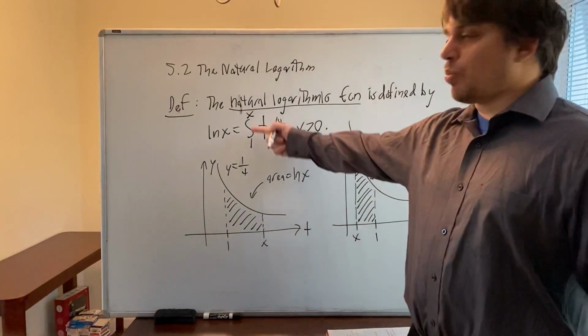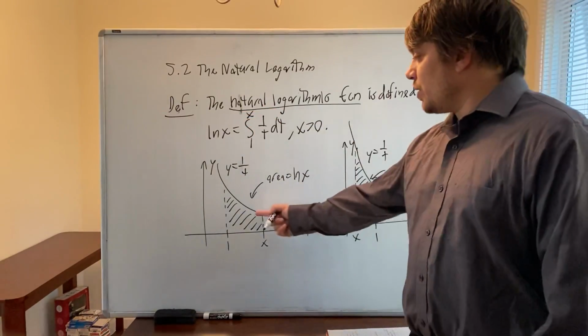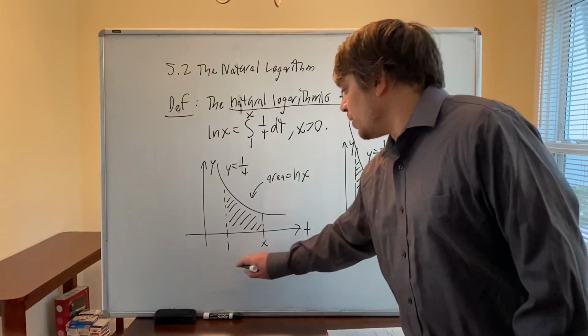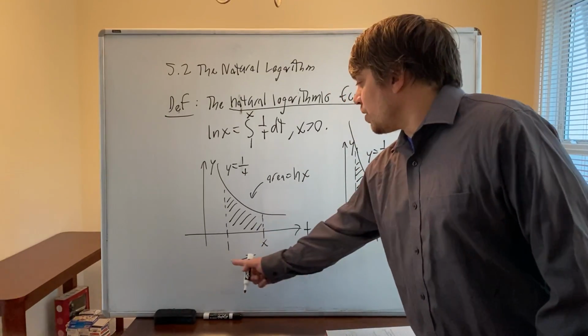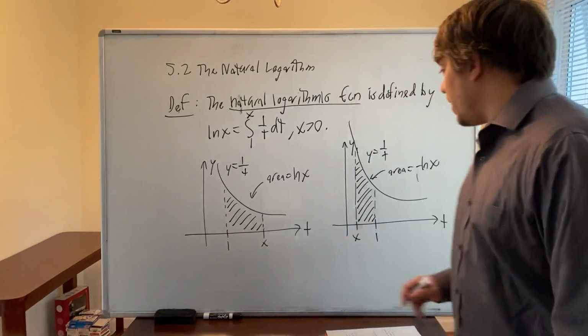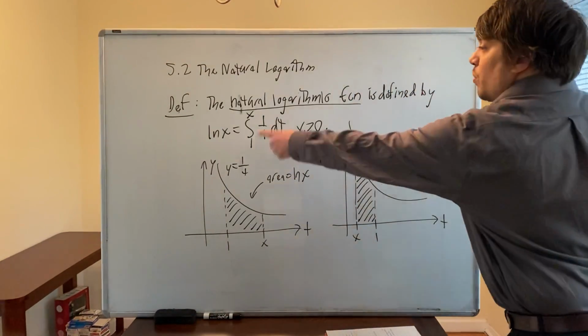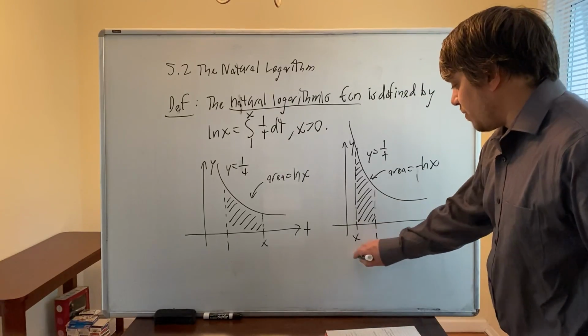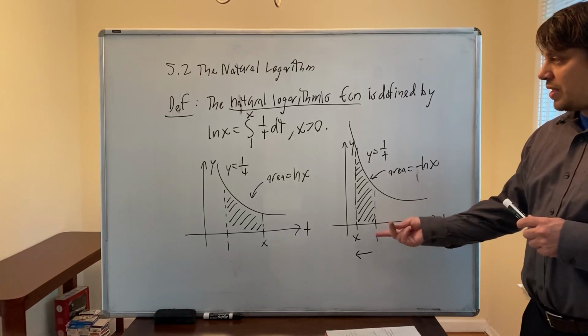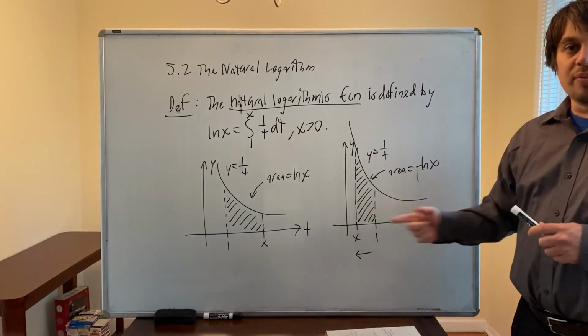But here you're integrating from 1 to x. And so here the area is positive, and so you're integrating to the right, right? You're integrating from 1 to x, and you get positive area. And so that's why the area is ln of x. Here, when you integrate from 1 to x, you're actually going to the left. And so when you're going to the left, when you take this integral, you're going to get a negative number.